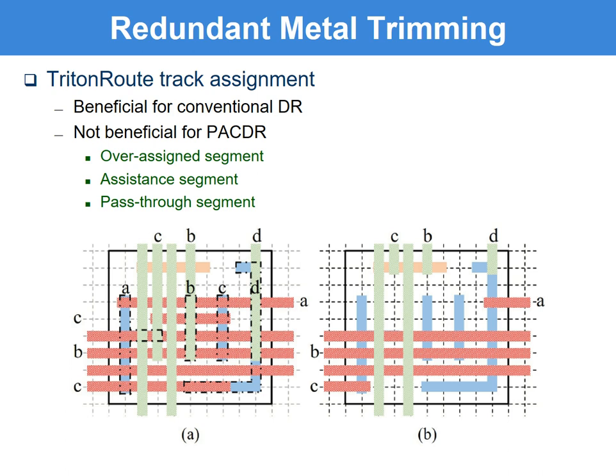Therefore, as a pre-processing step, overlength or redundant wire segments are removed or trimmed to make space for PACDR. The segments are classified into 3 types: over-assigned, assistance, and pass-through. Over-assigned segments are shortened, assistance segments are removed, and pass-through segments are preserved for PACDR.